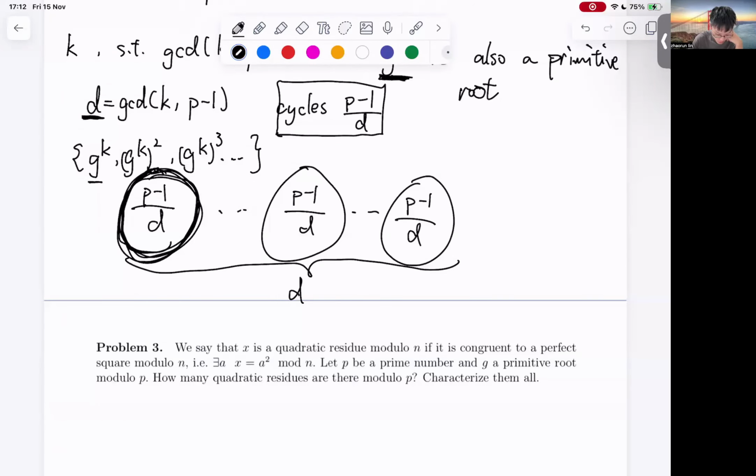And if d is 1, we will have a single cycle of length p minus 1, and it's a primitive root.